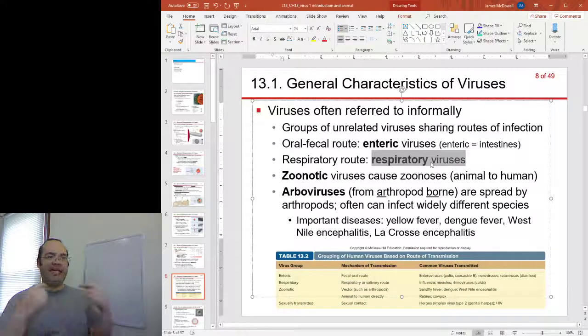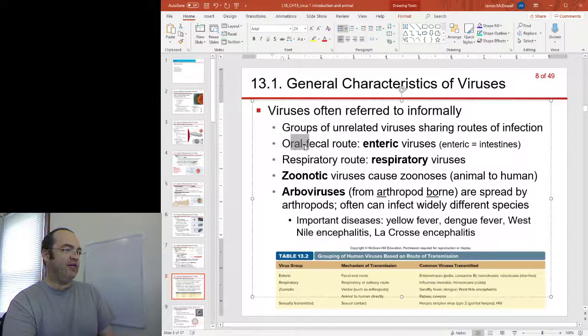It's kind of an easy target. So the virus gets in, makes you cough and sneeze. The virus particles are expelled into the environment, and then they're breathed in by the next host, and they get to where they want to be, and they're coughed and sneezed out again. So the route of infection, whether it's the oral-fecal route or whether it's the respiratory route.